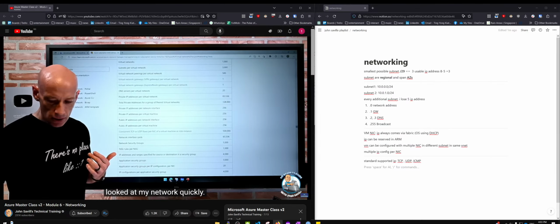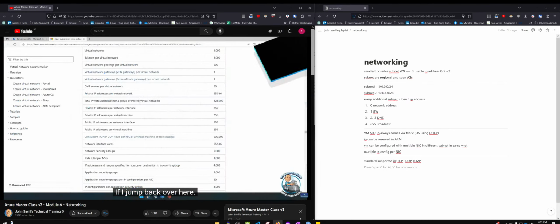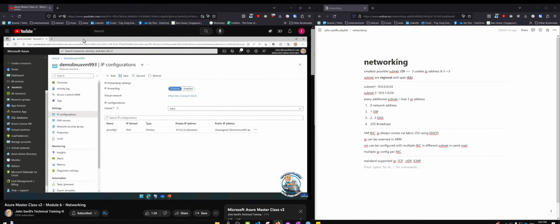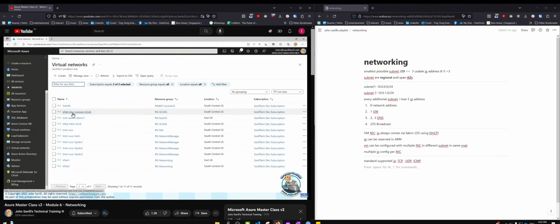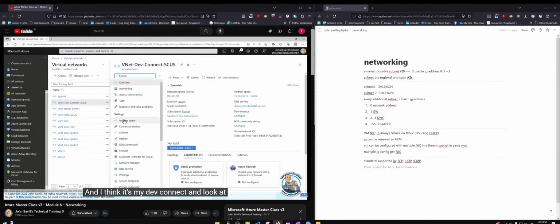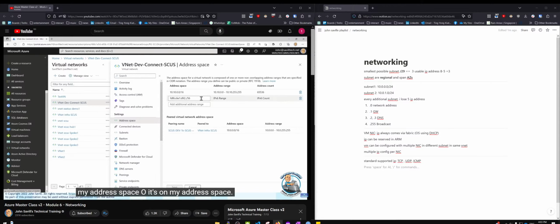And if we went and looked at my network quickly, so if I jump back over here for a second, and if I scroll down, let's look at my VNet. I think it's my dev connect, and look at my address space.